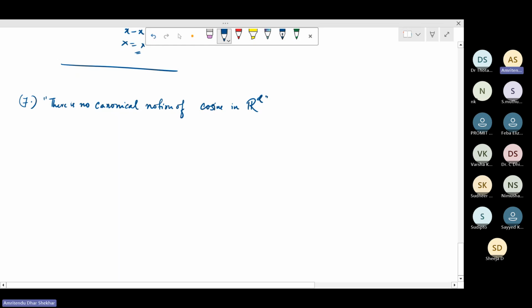The way we define cosine between two vectors: if you give me two vectors u and v in R^d, then you can define something like cos theta between the two vectors, and this cos theta is defined as the inner product of u and v divided by the norm of u times the norm of v.